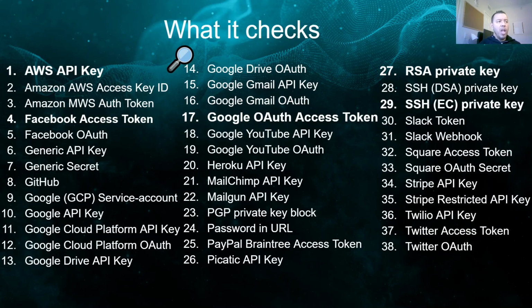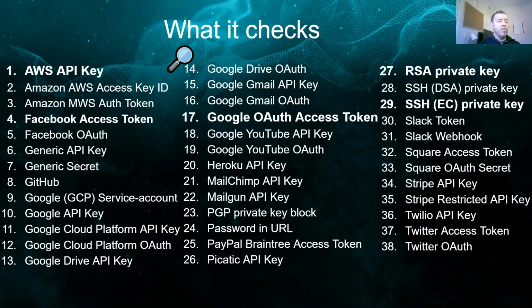We start with the classic AWS API keys, which are very popular nowadays. But we also have things such as GCP Service Account Tokens, or Google API keys, or GCP Platform OAuth tokens, which are usually short-lived, but you might get lucky.